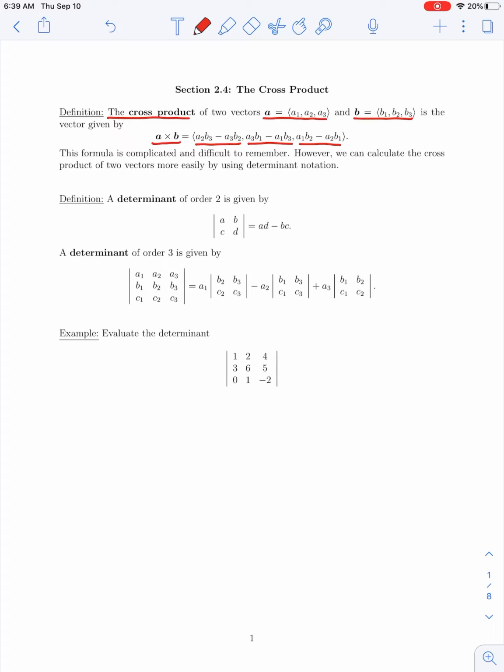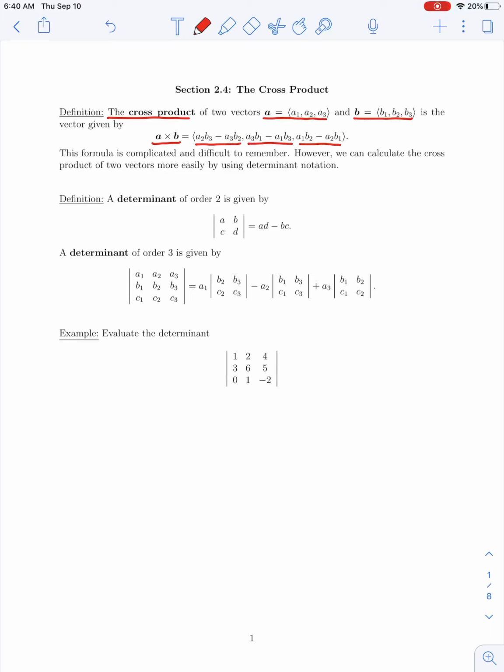So something to make note of right away about a difference between the dot product and the cross product is that the dot product of two vectors gives us a scalar. It returns a number. And the cross product of two vectors is a vector. So one essential difference between those two products, the dot product and the cross product.